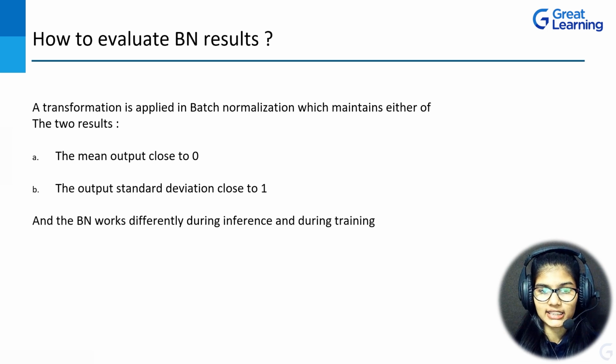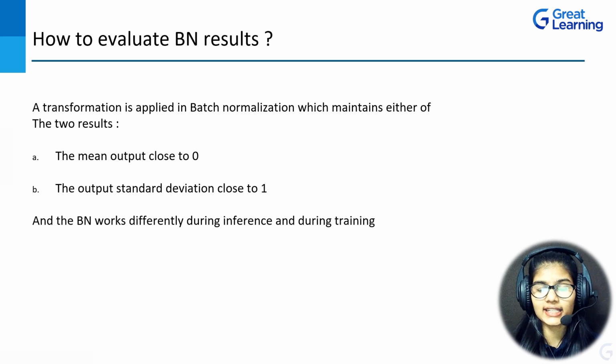The batch normalization works in a different manner. Okay, I would again repeat inference, because in this lecture there are very useful terms which are used, so make sure that you listen to me very carefully.